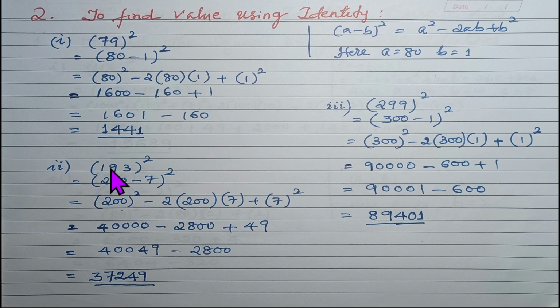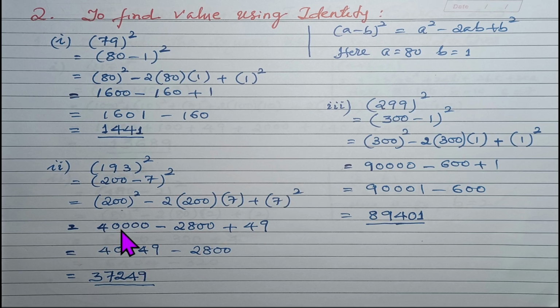Now coming to the next example, that is 193 whole square. 193 can be written as 200 minus 7 whole square, and it is a minus b whole square form again. So that is a square minus 2ab plus b square. But here a is 200 and b is 7. So it will be 200 square minus 2 into 200 into 7 plus 7 square. 200 square is 2 square, 4, followed by 4 zeros. 2 into 2 is 4, 4 sevens are 28, followed by 2 zeros. 7 square is 49.